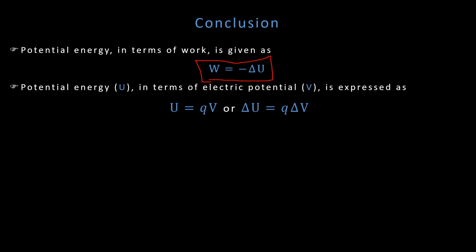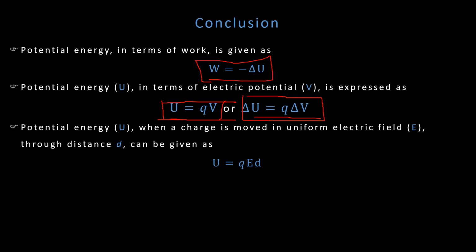But in terms of potential, if we try to express potential energy, it is U is equal to qV, or delta U is equal to q delta V. When U is equal to qV, our initial point is infinity, so initial potential energy is 0, and if you are going from one point in electric field to another point in electric field, you will have a potential difference, and so what you get is change in potential energy, not absolute potential energy.